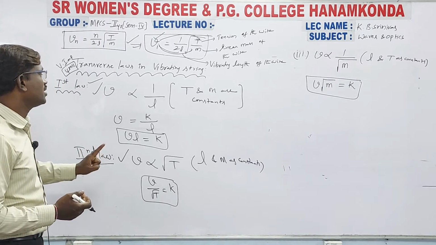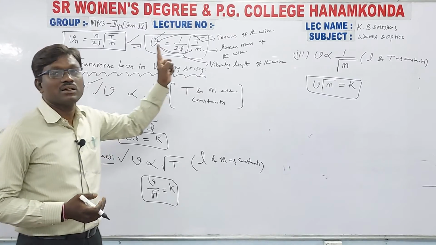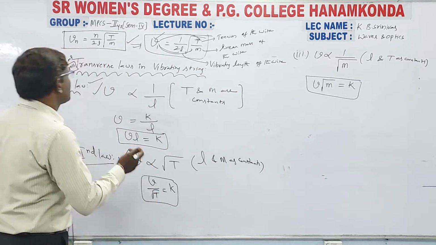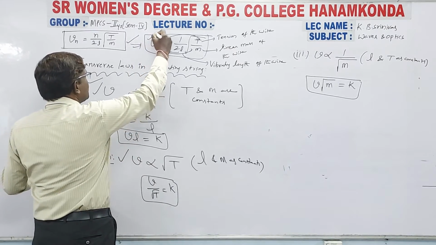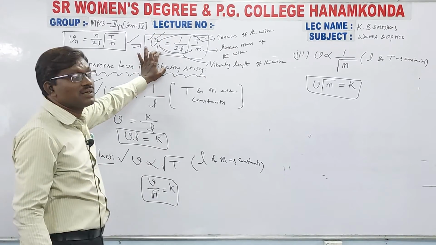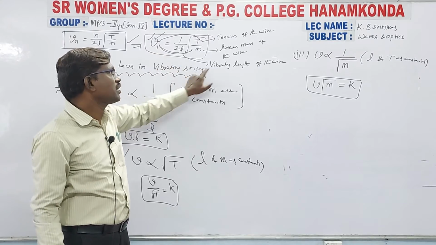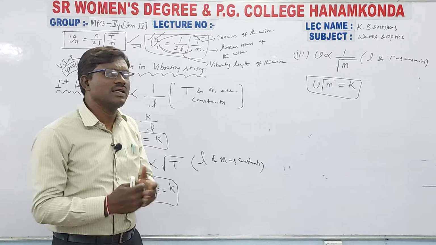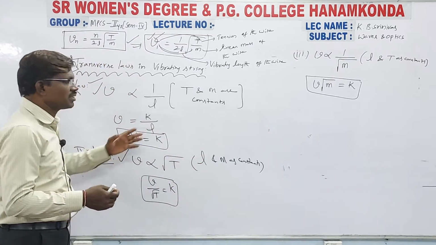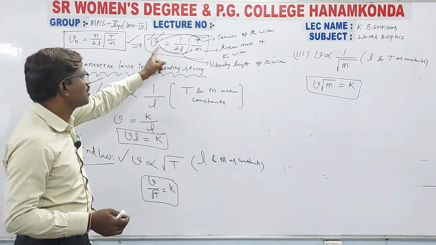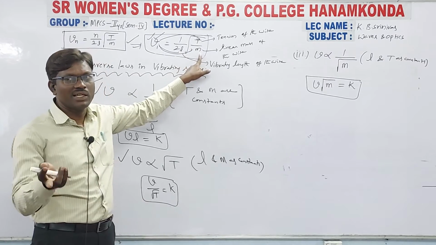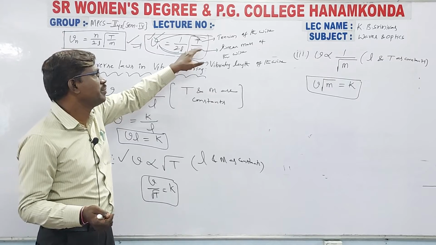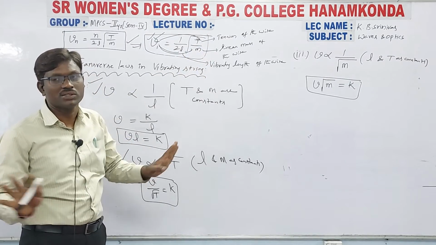And remember, if you want to explain the transverse laws in a stretched string, before that you have to remember the general expression for frequency of the vibrating string directly. If you remember the expression for frequency of the vibrating string, you can easily write all the 3 laws. Out of 4 values, every time we are writing the relationship between 2 values, keeping the remaining 2 terms as constant.